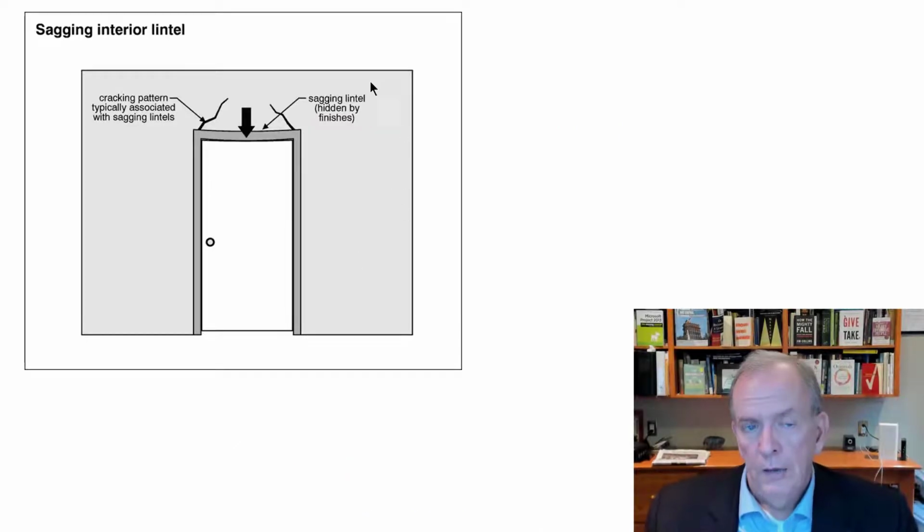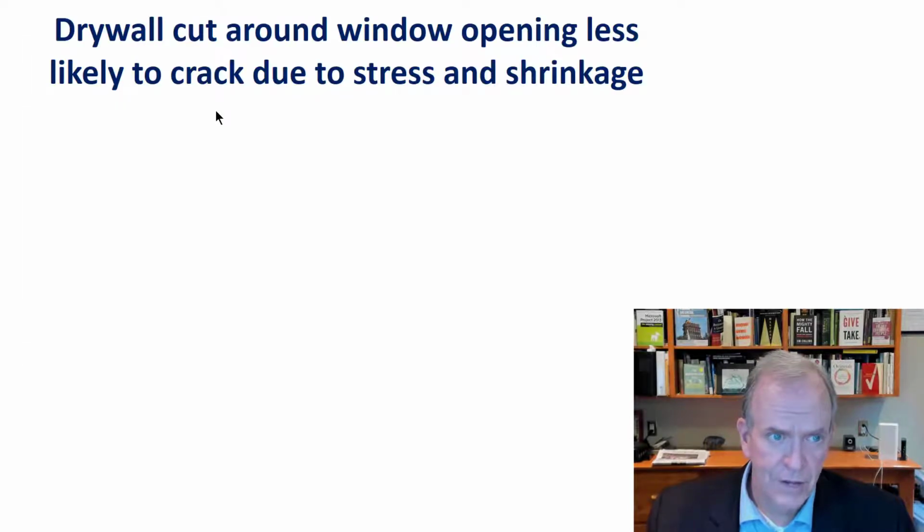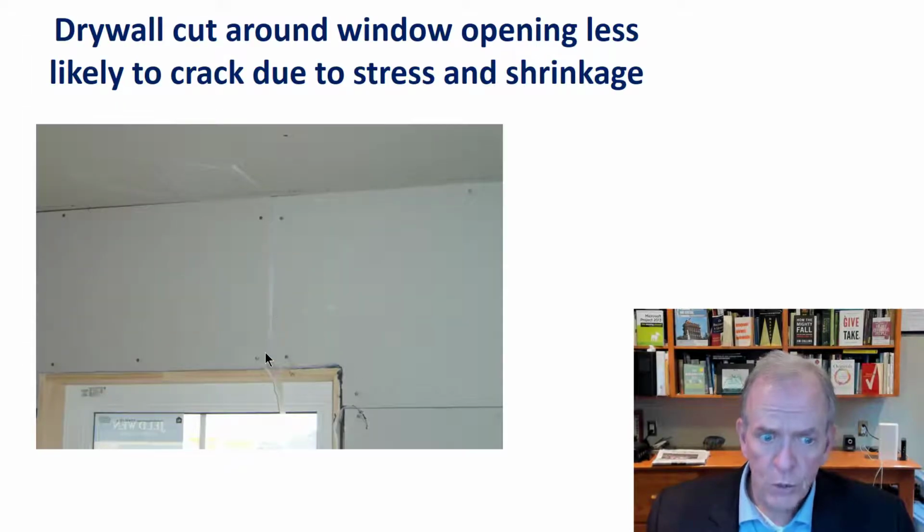Now, if we undersize the lintel, we can cause sagging in it. If we don't use the appropriate size for the loads being required, it'll cause sagging, which will cause cracking over the doorways, and that's not very pretty. If we don't install the drywall properly, it's more prone to cracking. So this is actually much better.